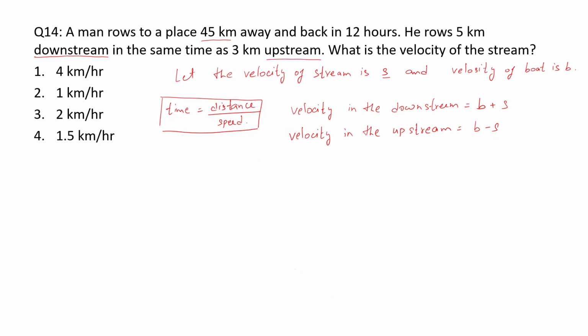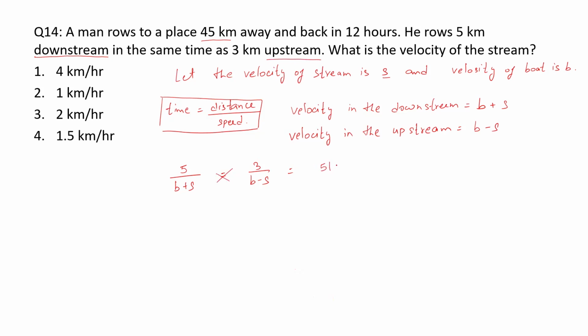Now, time is equal to distance upon speed. So here it is written that he rows 5 kilometers downstream in the same time as 3 kilometers upstream. So the distance is 5 kilometers, the speed is b plus s because downstream. In the same time, means this time is the same as 3 upon b minus s. So this is the equation. Solve this equation by cross multiplication.